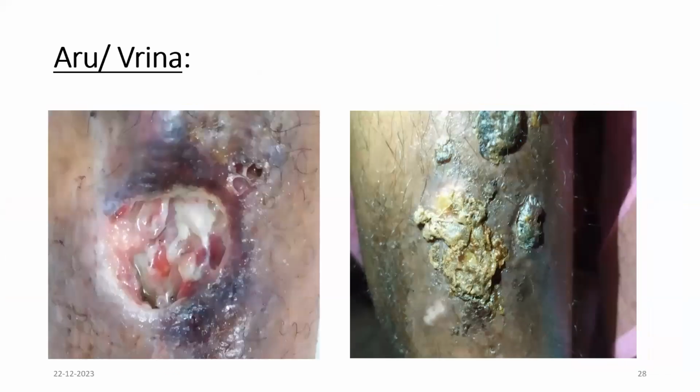This is another case of Pravriddha Amavata, Marma Sandhigata. Aruhu was literally materialized in this patient because she was a case of RA positive with RA level 112, C-reactive protein more than 100, and she had all the features of RA with Vrana.